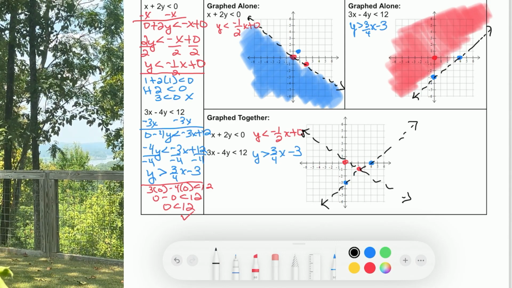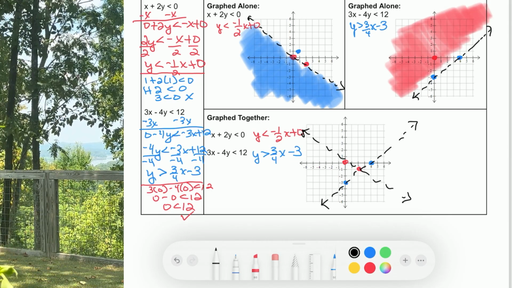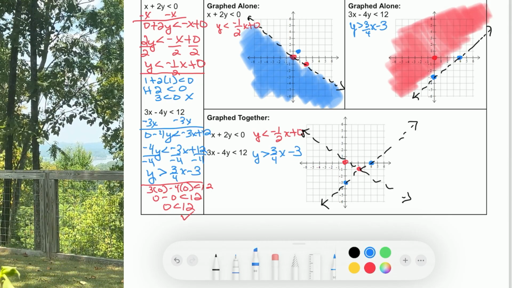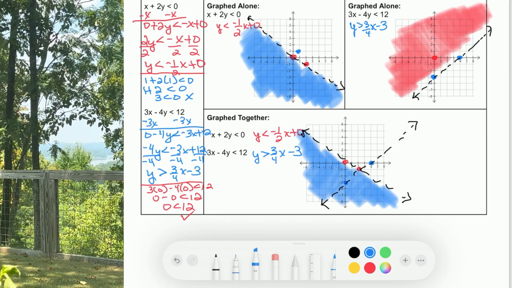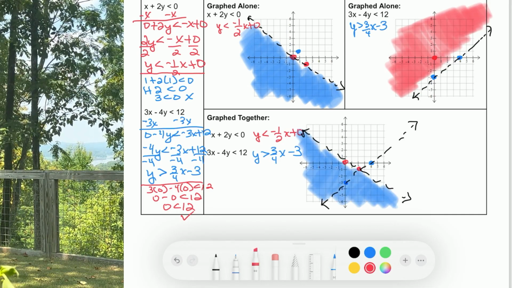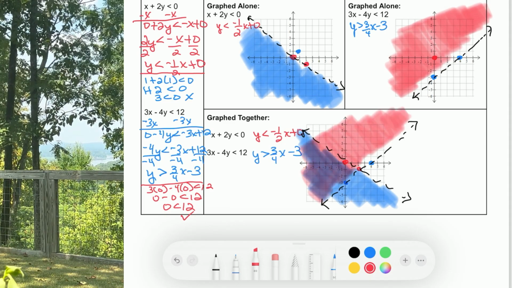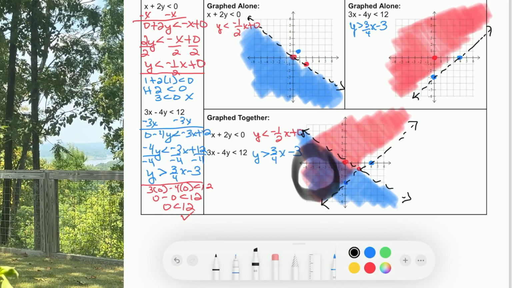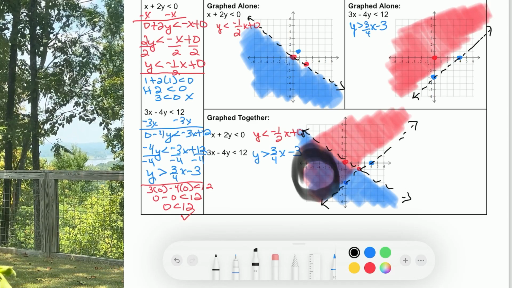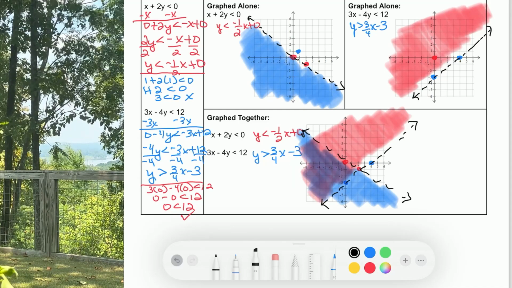All right, so let's do the shading for our first one. We had shading right here in blue. Our second line had shading right here in red. So that tells me this area where it turns slightly purple, where they overlap, that is our solution area. That is the only location where they share coordinates.